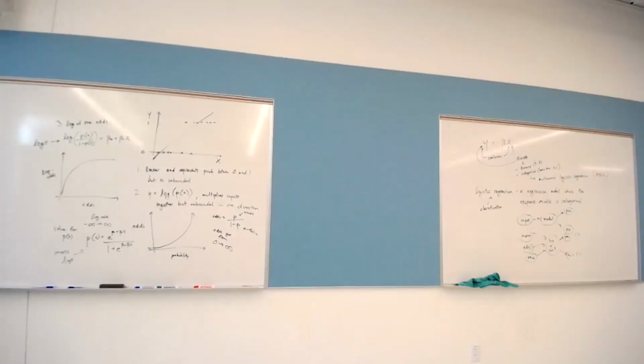And let's take a look at this in a generic example so that we can digest the theoretical aspect of going from y equals beta x into this log p of x over 1 minus p of x equals this, okay?